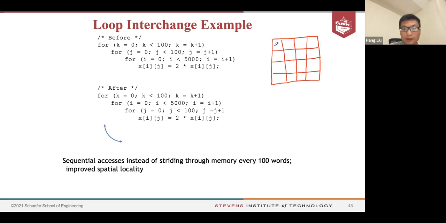This is 0,0, 0,1, 0,2, 0,3, 1,0, 1,1, etc. This is i, j, because this is row oriented.